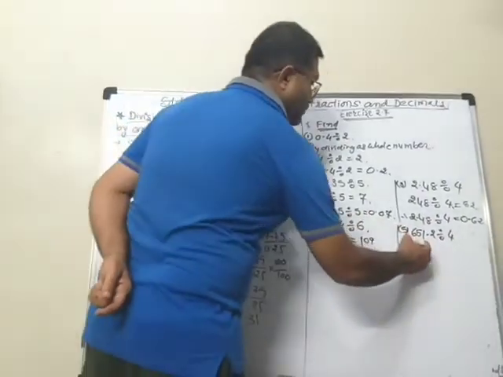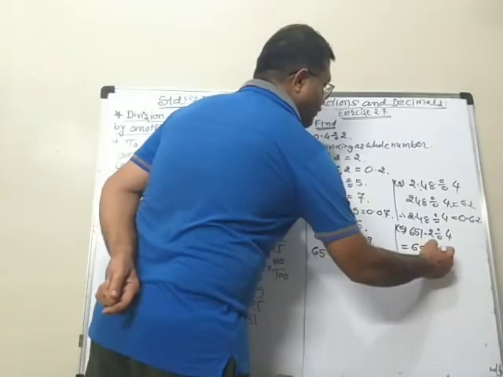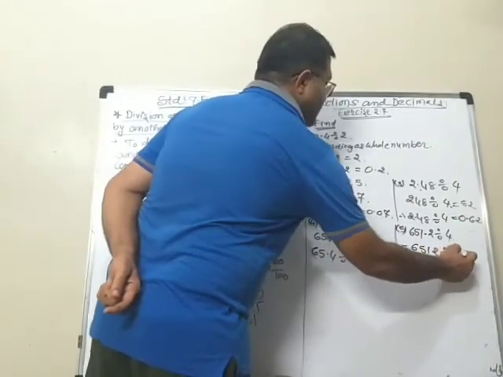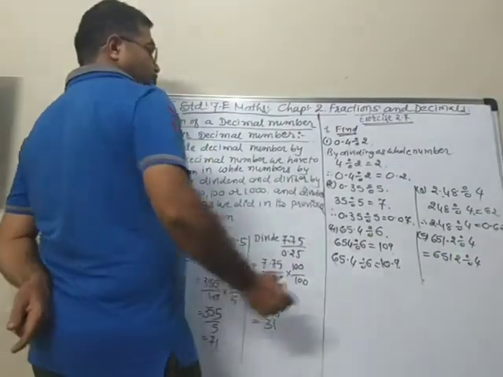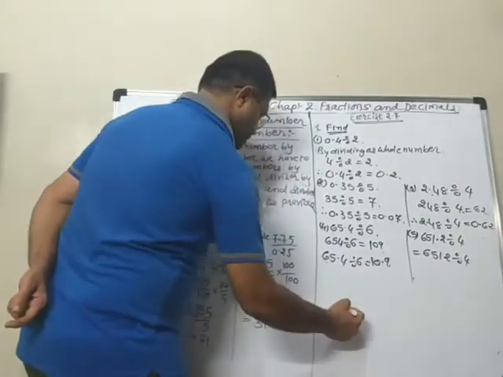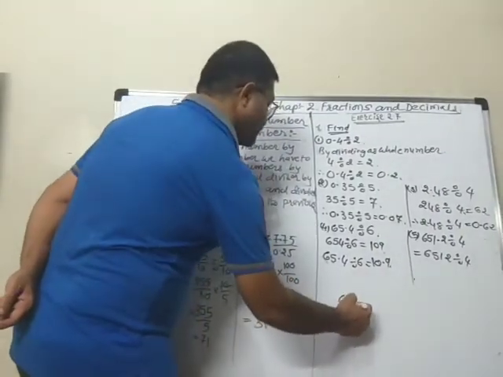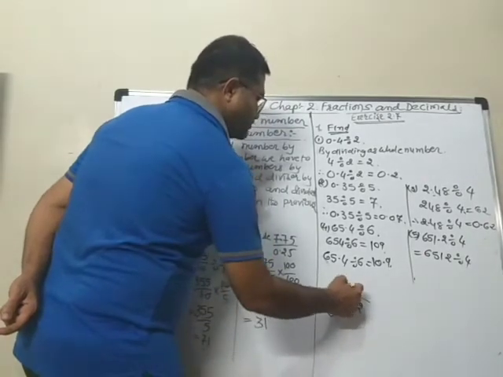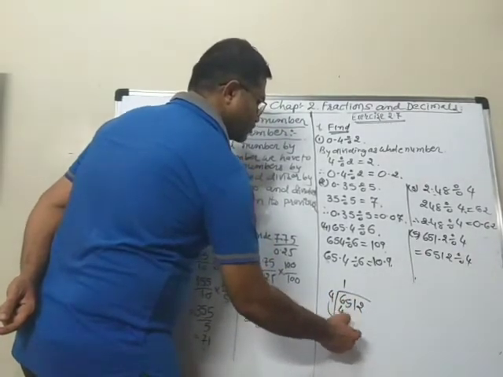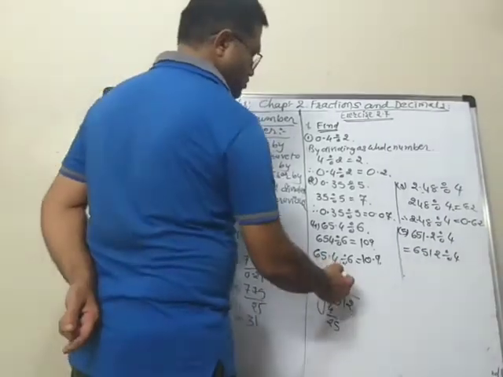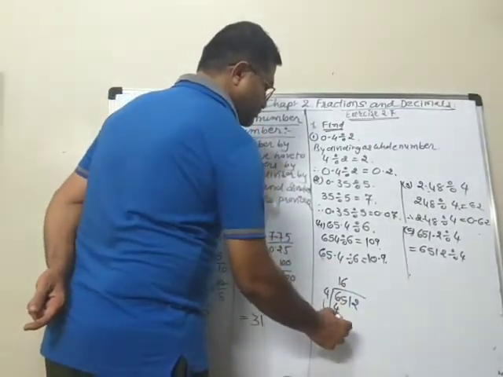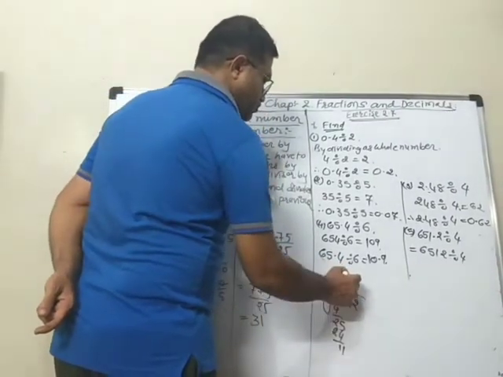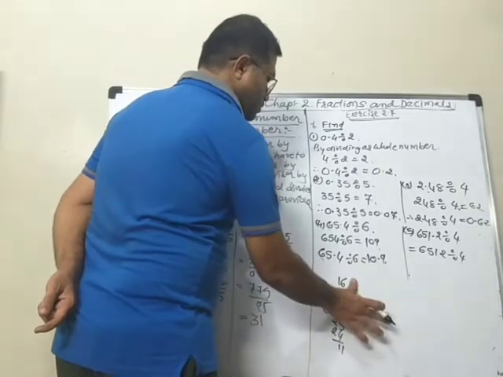Now we have to do 6512 divided by 4. Now we can do the division. 6, 5, 1, 2 divided by 4. 4 ones are 4. 4 sixes are 24. 4 twos are 8.